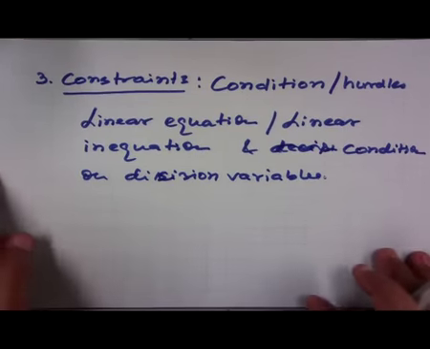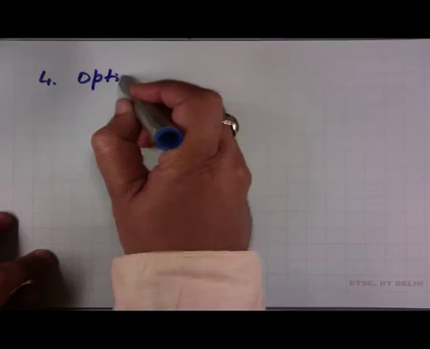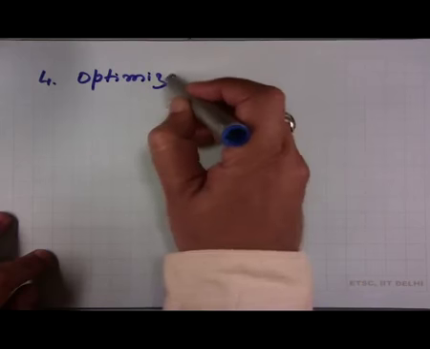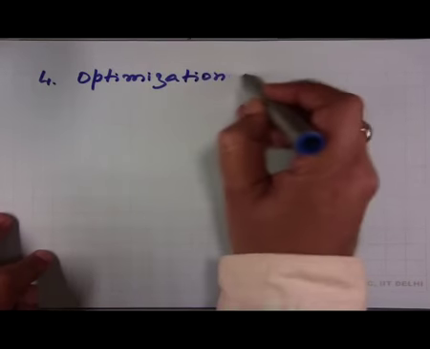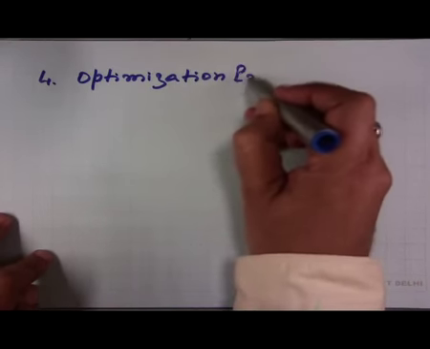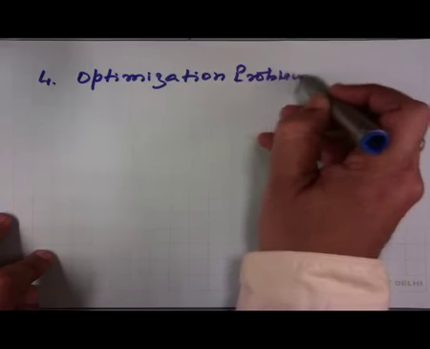Variables. Now the fourth point is optimization problem.